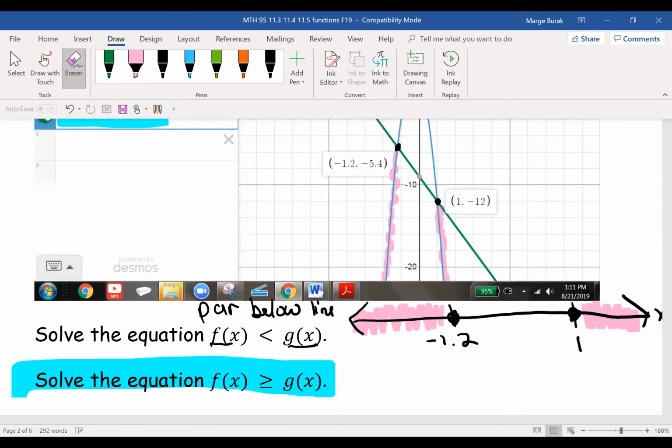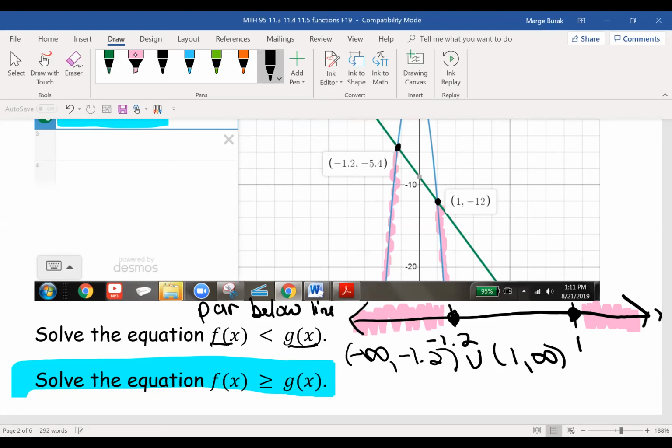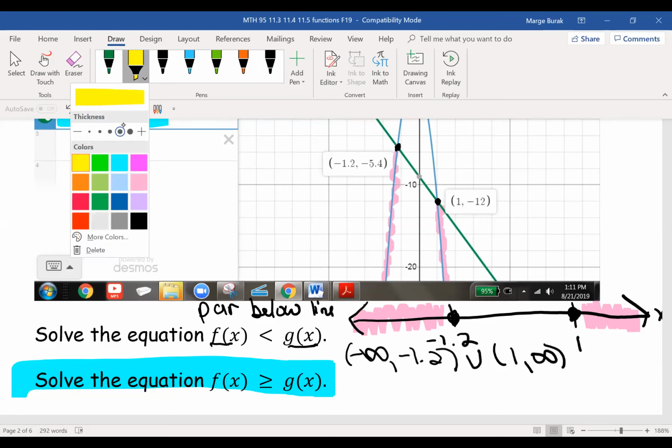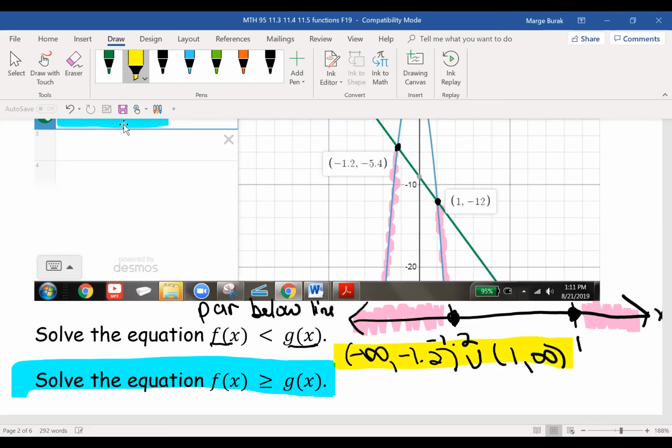It's not equal to, okay? Then we would say, well, that's going to be from negative infinity to negative 1.2 union 1 to infinity. And these values, I'm going to go back to the yellow, these values match the pink values in the line.